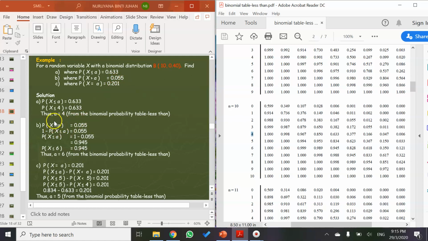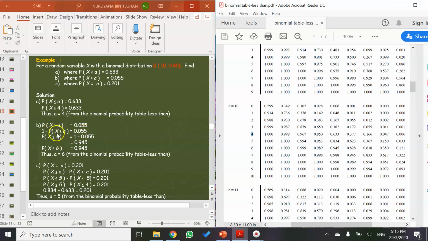But first, you see the sign here is greater than, but our table is only for less than. So you need to rewrite your probability here. So this is actually equal to 1 minus probability X less than or equal to a, which is equal to 0.055.